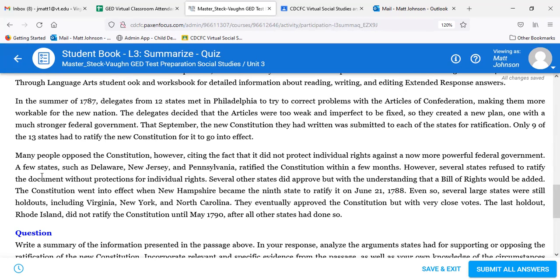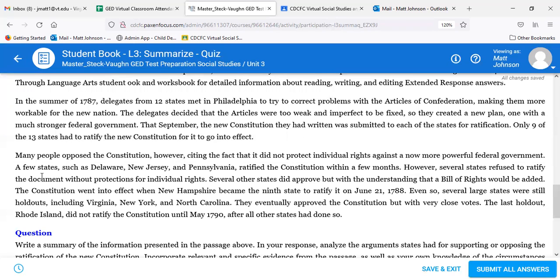So we could just say, we don't necessarily have to point out which states ratified it. That's more of a specific detail. So we're thinking about generalizing and summarizing. We know a few states ratified the Constitution within a few months.